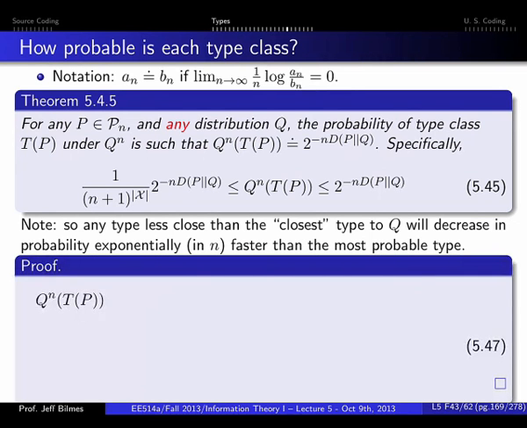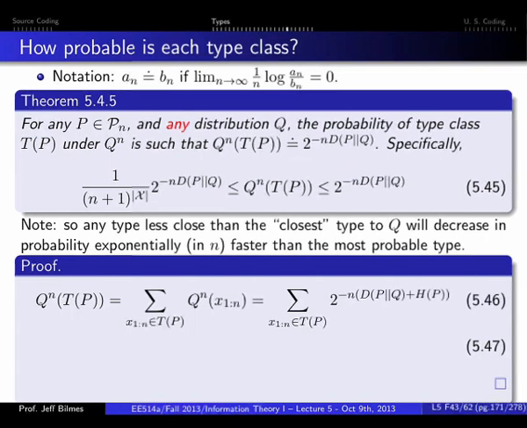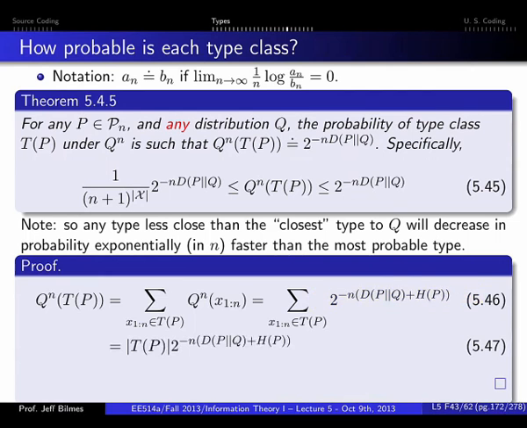So how do we prove this? Well, we start, in this case, not with 1. We start with this. This is the probability of the type class under the true distribution, and its definition in terms of summing. We have the exact expression for the probability of a sequence of that particular type. It's 2 to the negative n times the Kullback-Leibler divergence and the entropy added together. Again, we've now divorced the index and we can start counting, and we count the size of the type class.